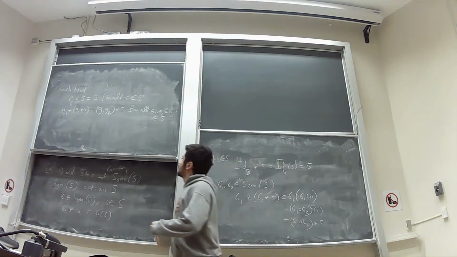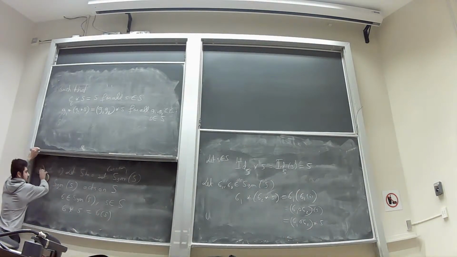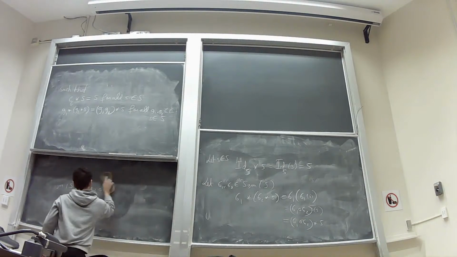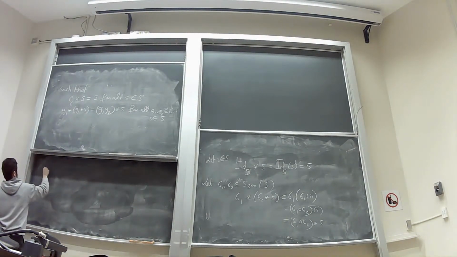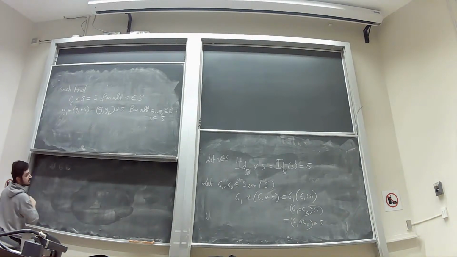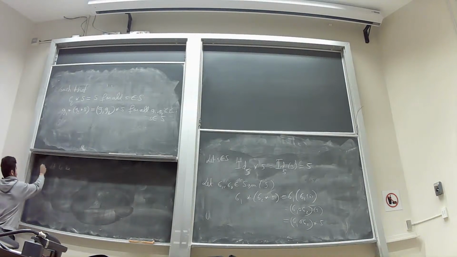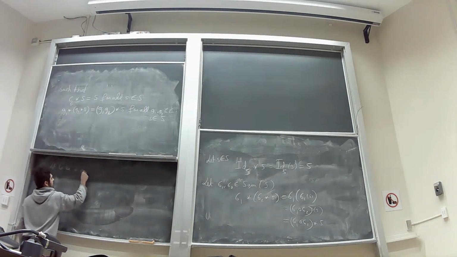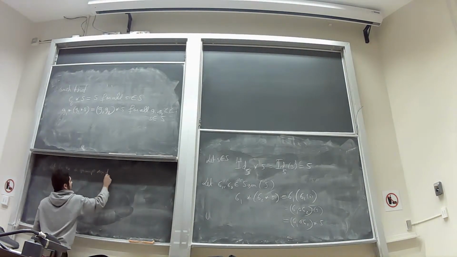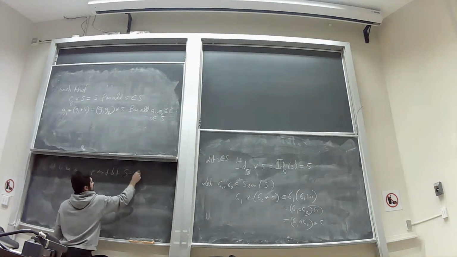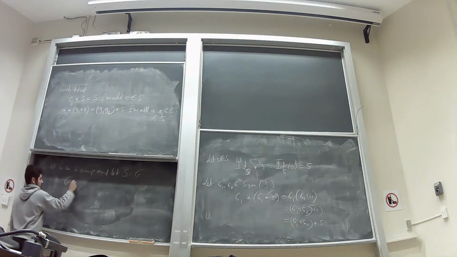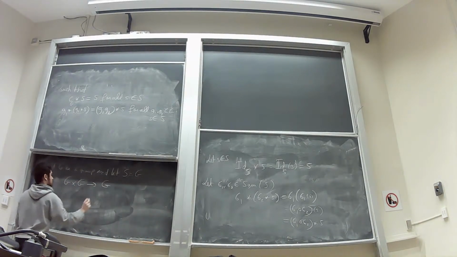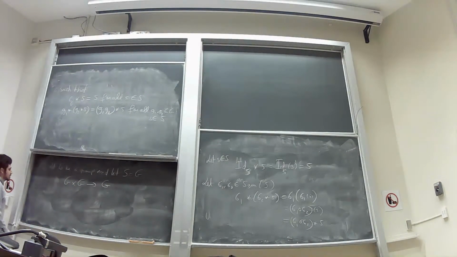Let's do one more. Let's look at conjugation in G. Here, my set S will be G. Conjugate group, and let S equal G. So I need a function from G cross G to G. Well, let's take conjugation.